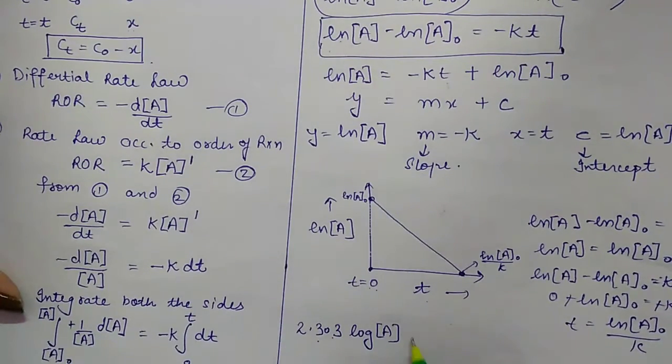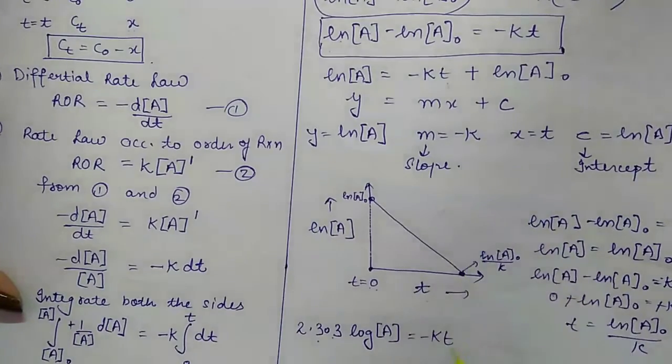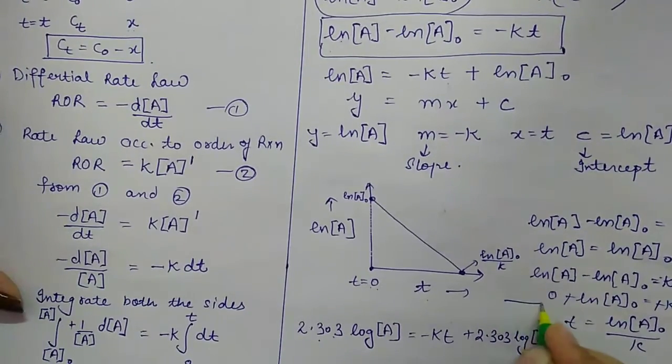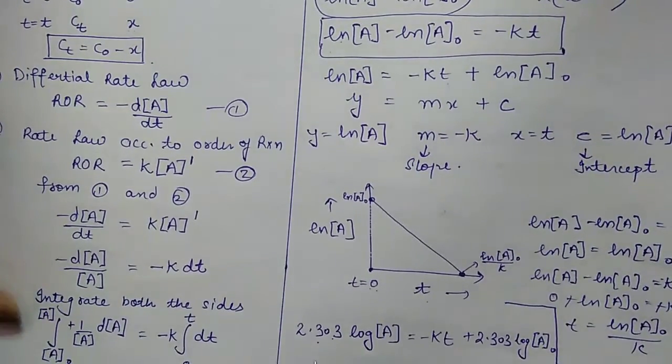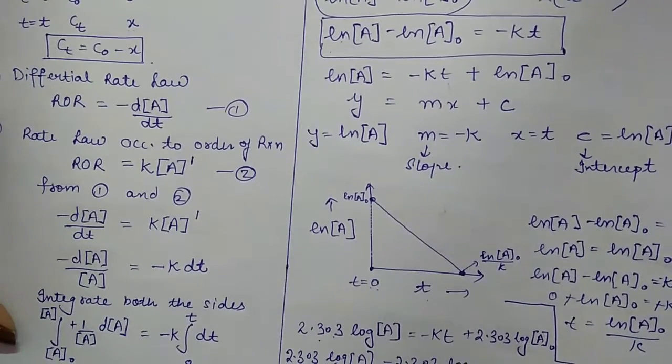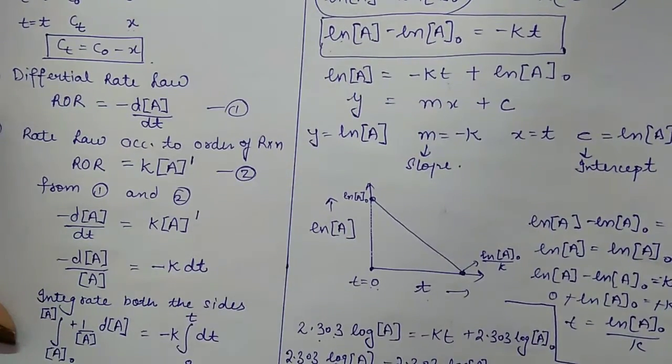Okay. Minus kt. In the same way, 2.303 log A naught. Okay. So 2.303 log A minus 2.303 log A naught is equal to minus kt.